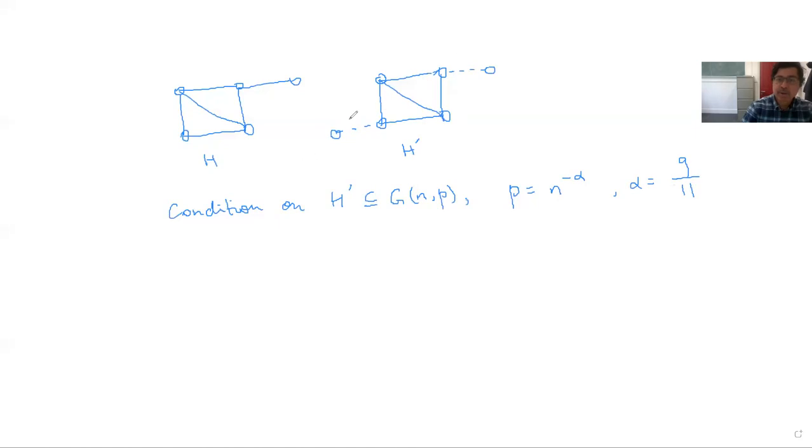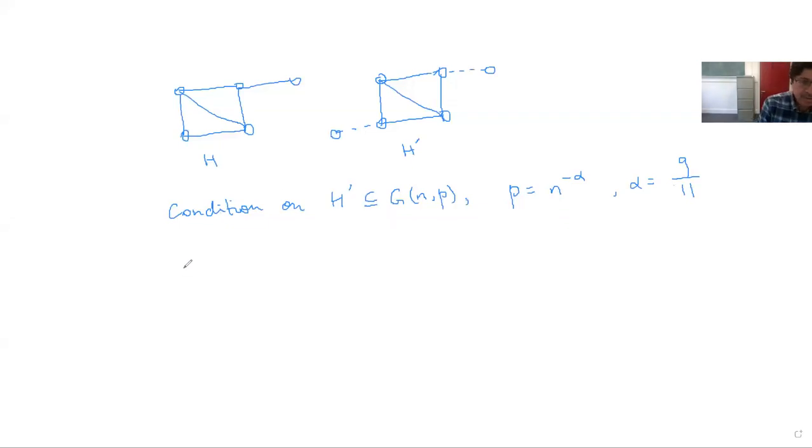Let's not worry about the fact that there are two, let's just focus on one of these possibilities. There are approximately n choices of vertex to go here, and then this edge is present with probability p. So conditional on H prime being present, the expected number of copies of H you see is roughly np. And similarly here, so it's roughly 2np.